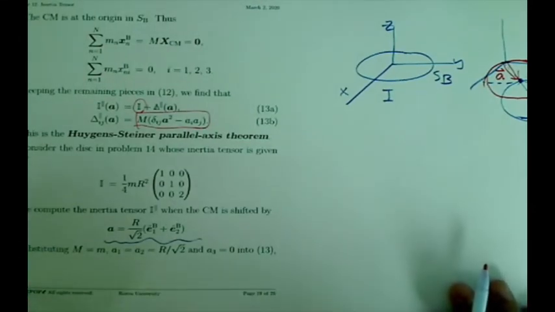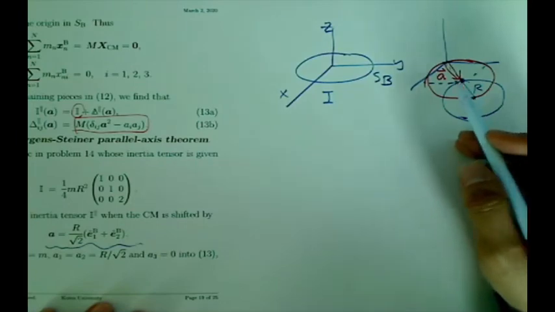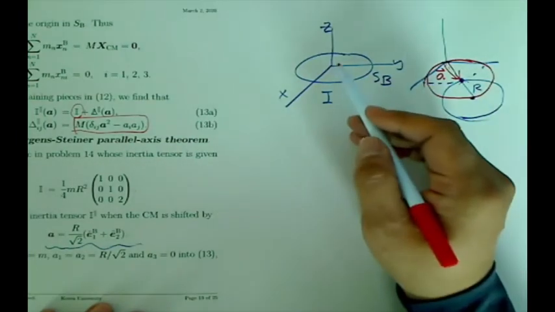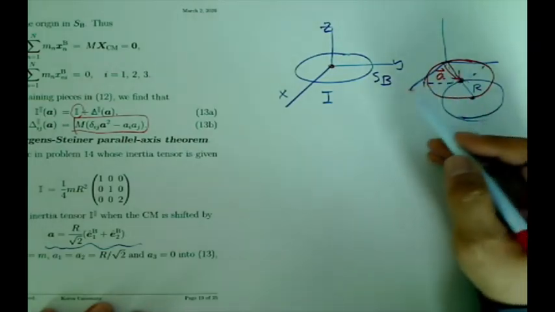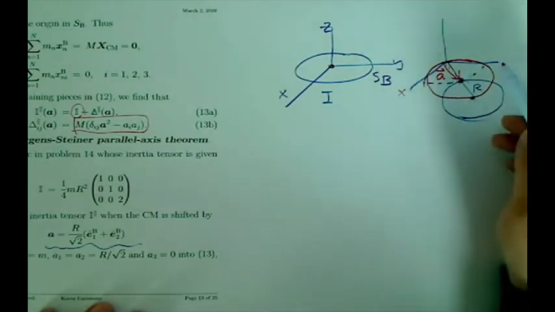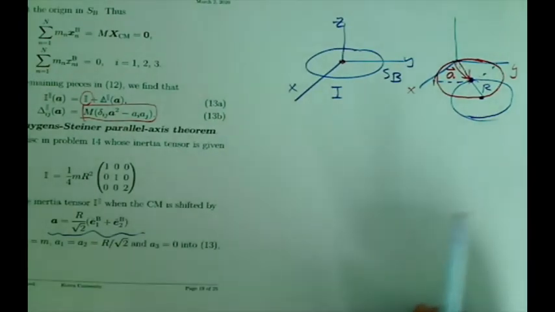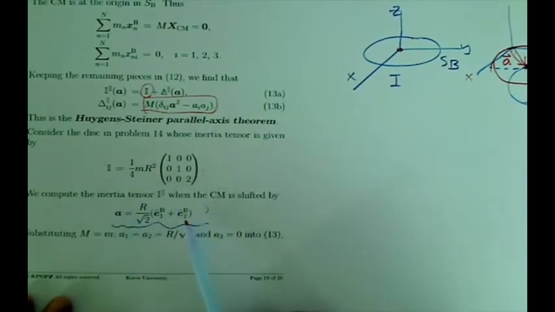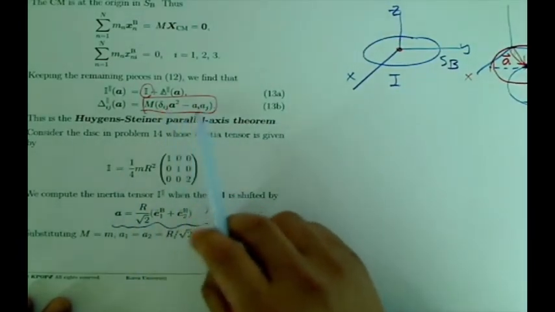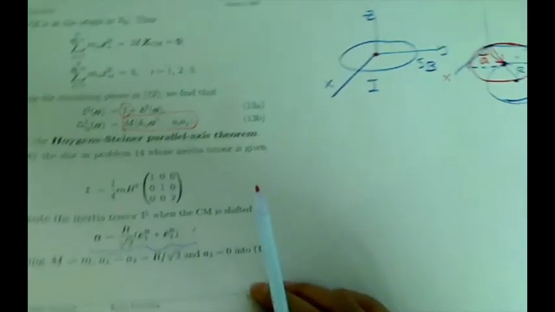Let us compute the inertia tensor after shifting the center of mass from here to radius A at an angle of 45 degrees with respect to the x and y axes. Because A is given here, we substitute this result to find the change of the inertia tensor.